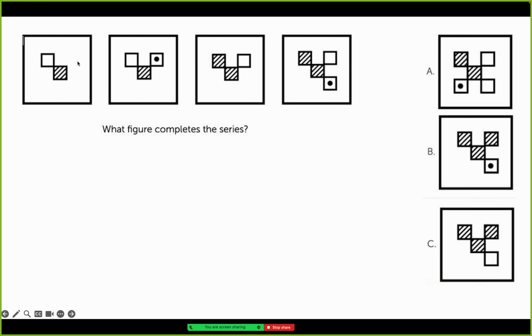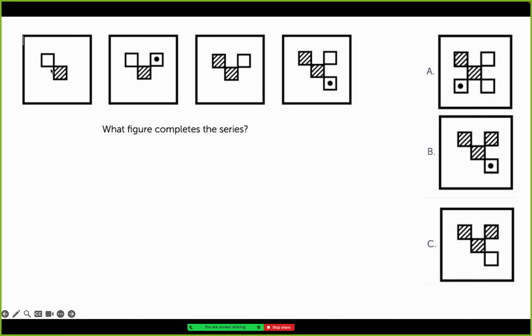A new square comes with a black dot. That is one thing you have seen. The other thing is white, white, stripe, stripe. Once a shape is formed and it grows beyond that with another petal, the earliest petal remains the same.